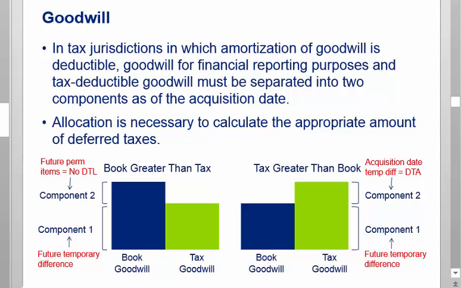So this is very commonly referred to, like you see in the left-hand side of the diagram, as component 1 and component 2. Okay, so let's say we buy a target and the goodwill for book purposes is 300, like it was in one of our earlier examples.